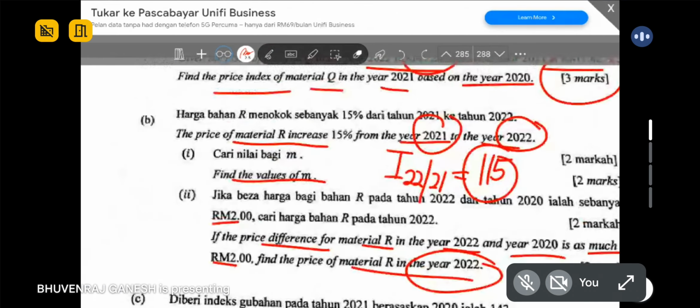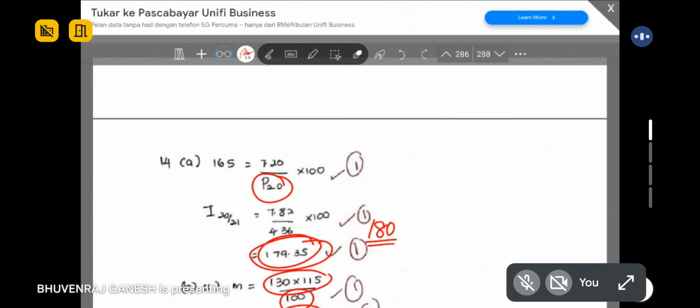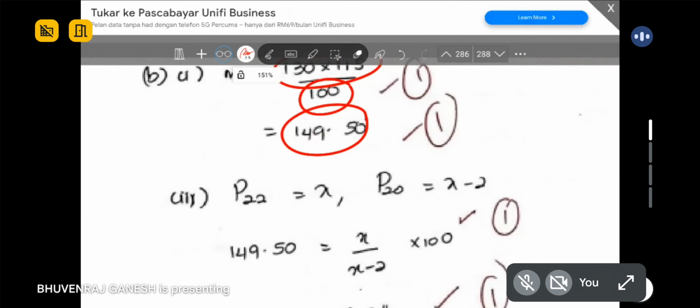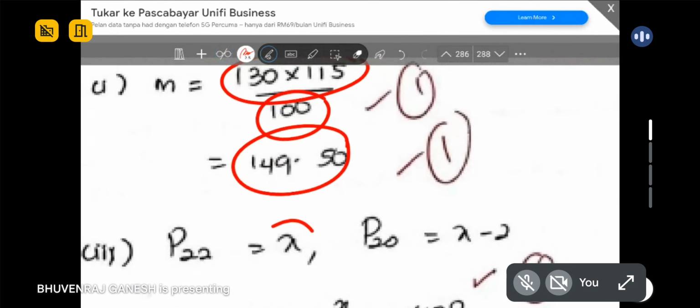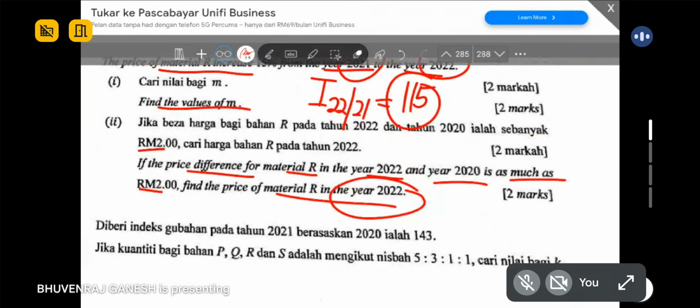Kamu boleh guna jawapan B1. Am I right? So B1 you get the answer 149.5, right? And you can make assumption. Buat anggapan. Because they say the difference is 2, right? Beza 2. And they tell you that 2022 should be higher lah.